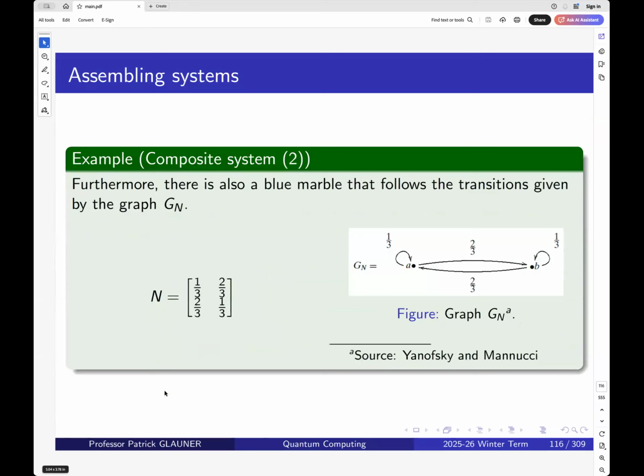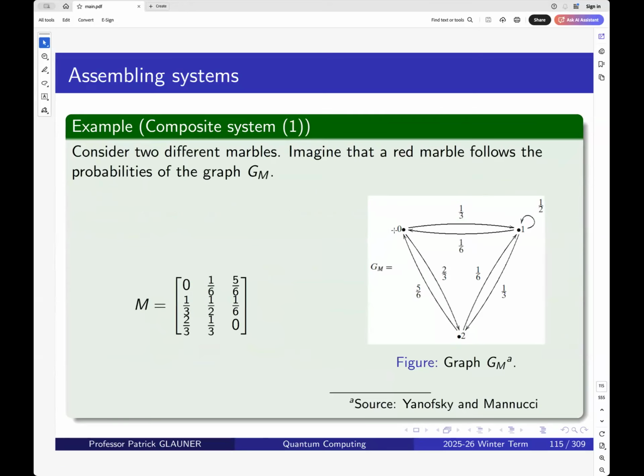For example, I have this 0 and 1. So I want to transition not anymore from 0 to 1, but for example, from 0a to 1a, from 0b to 1a, from 0a to 1b, and from 0b to 1b.